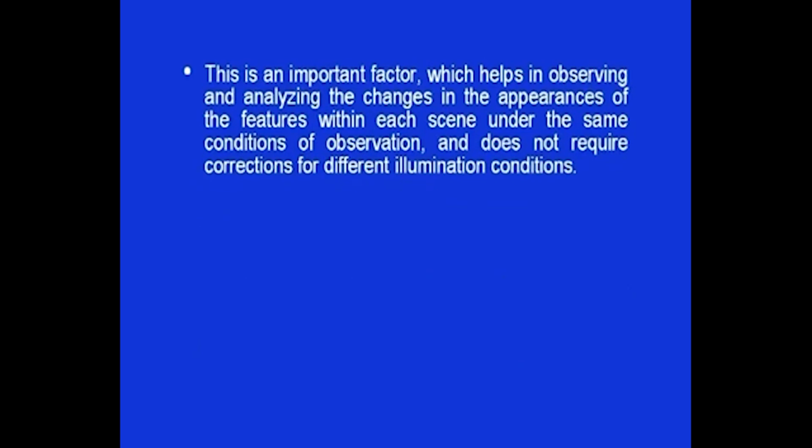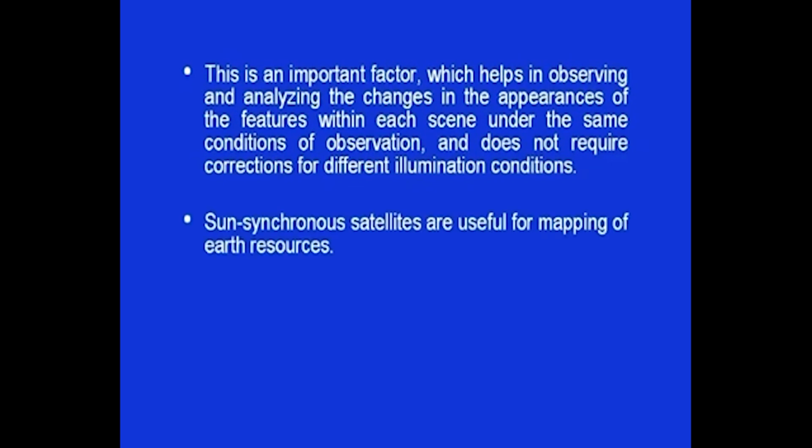This is an important factor which helps in observing and analyzing the changes in the appearances of the features under the same conditions of observation, and does not require correction for different illumination conditions. Sun-synchronous satellites are useful for mapping of Earth resources.